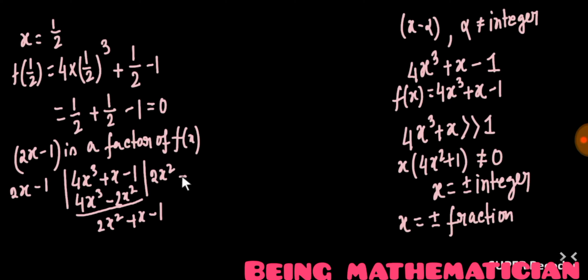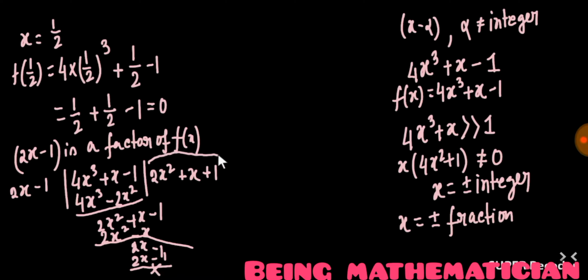Then x, so 2x square minus x, then 2x minus 1, so it must be plus 1, giving 2x minus 1. So we find our other factor, that is 2x square plus x plus 1.